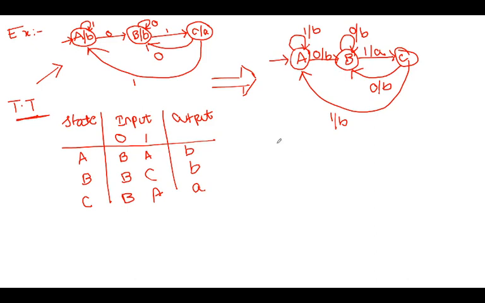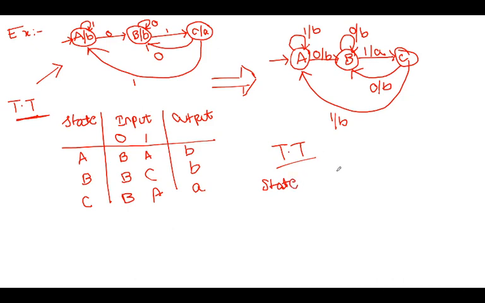Now we have to construct the transition table for this Mealy machine. Here the transition tables for the Mealy and Moore machines are different; both are not similar.